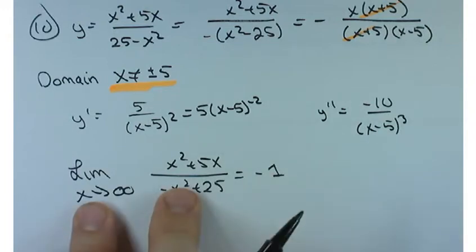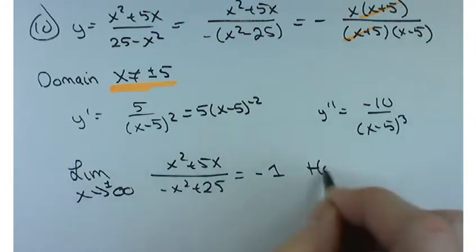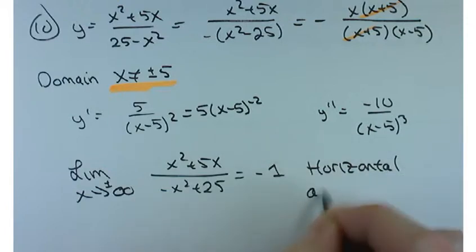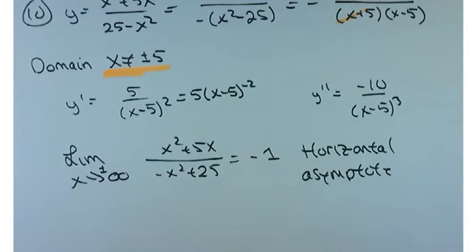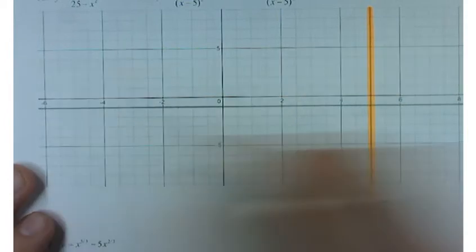So that's telling me what happens to the function as you go out towards infinity, or negative infinity for that matter, plus or minus infinity. And that gives you a horizontal asymptote. So that's going to be y equals negative 1.